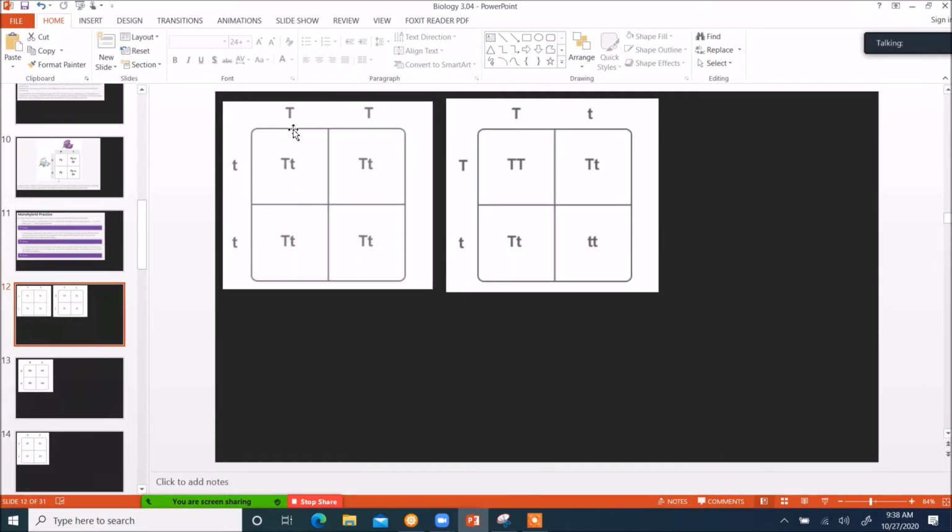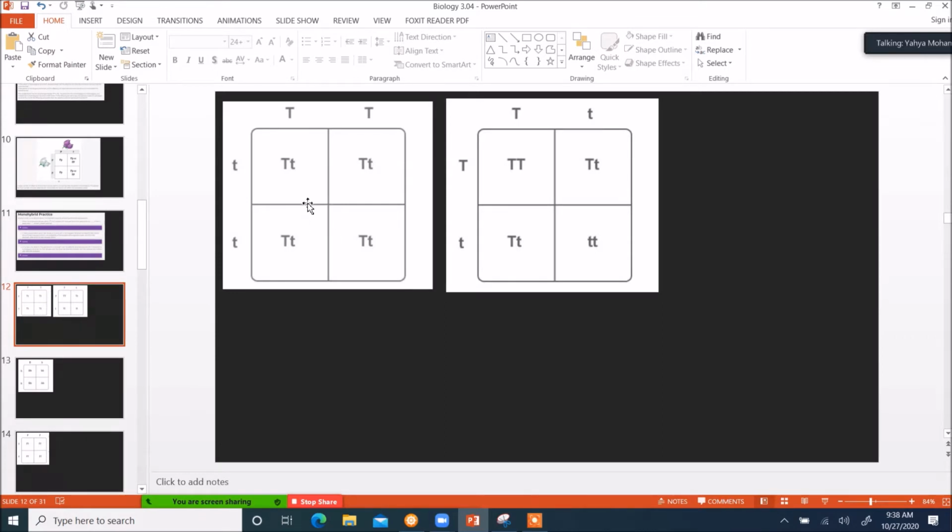The top is only going to be giving capital T's, and this parent is only going to be giving lowercase t, so they're all basically capital T, lowercase t. They all look the same. So what this means is that in this first generation, they're all going to be exactly the same in terms of their genes. There's no other possibility except for these four right over here.